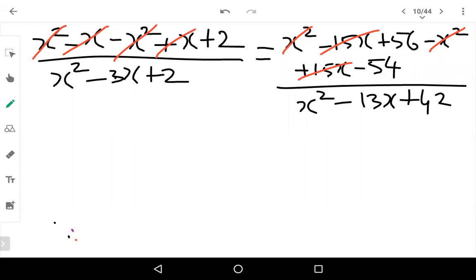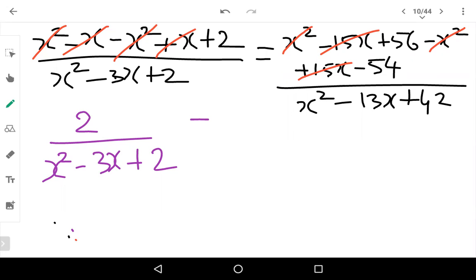Okay. Now here, after cancelling, what is remaining? 2 divided by x square minus 3x plus 2. This is what is remaining on your left hand side. On the right hand side, we have 56 minus 54 divided by x square minus 13x plus 42.